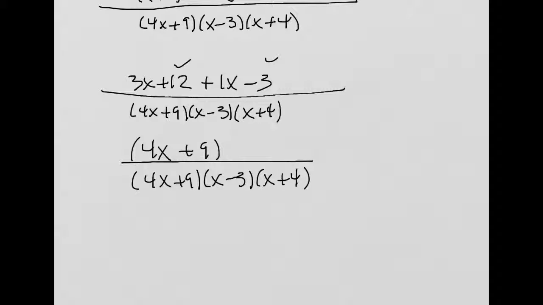So here we're going to divide top and bottom of the fraction by 4x plus 9. 4x plus 9 divided by 4x plus 9 is just 1. And then I have to do the same thing on the bottom, so 4x plus 9 divided by 4x plus 9 is 1. So what I'm left with, my final answer, is going to be 1 over, and on the bottom I just have x minus 3 times x plus 4.